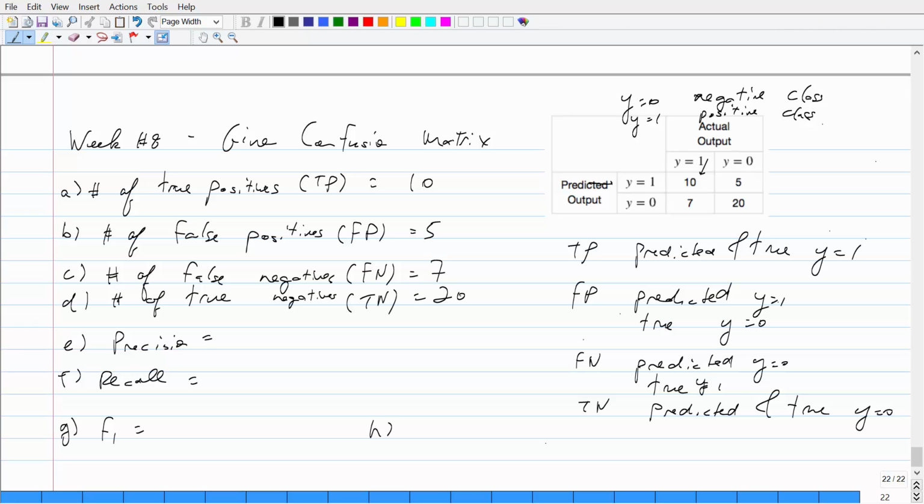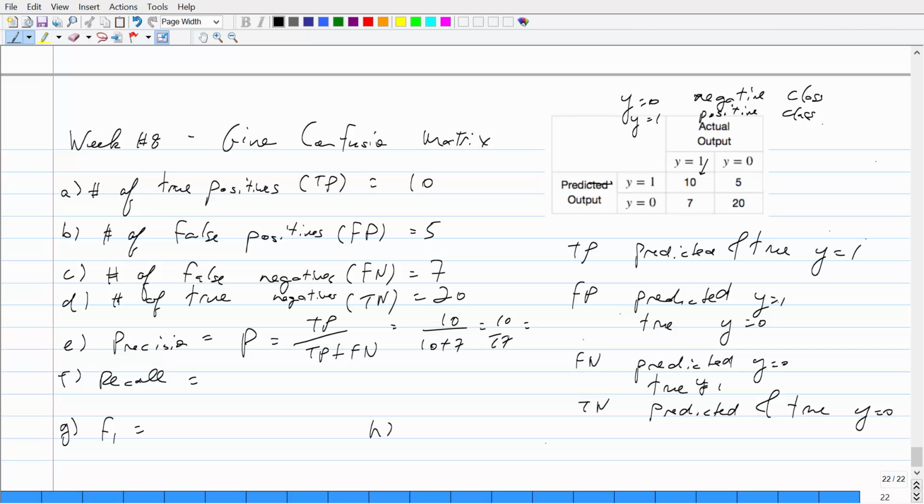That's good. Okay, so how you calculate precision is very simple. You take the number of true positives and divide by the total number of true positives and false negatives. In this case, this becomes 10 divided by 10 plus 7, which is 10 over 17.